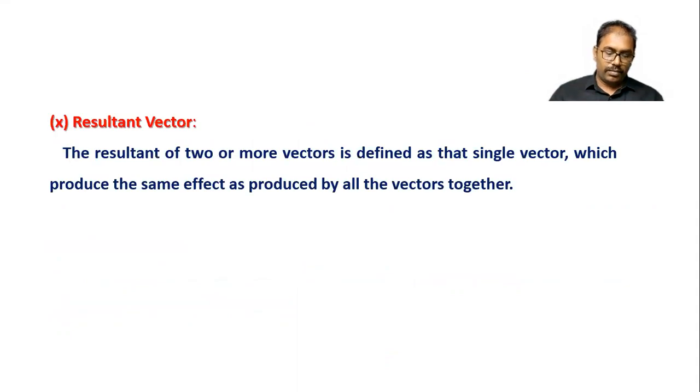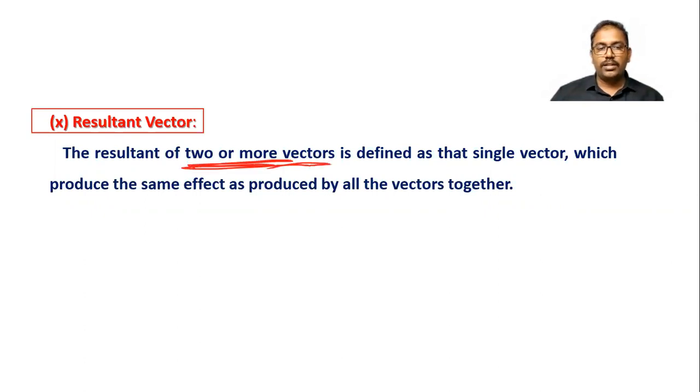Resultant vector. Now what is a resultant vector? The result of two or more vectors is called a resultant vector. When two or more vectors result into a single vector, that vector is called the resultant vector.